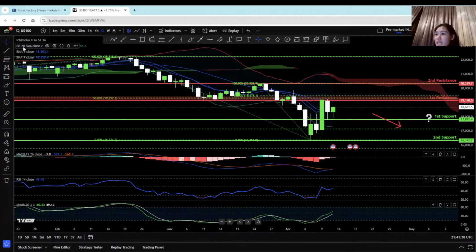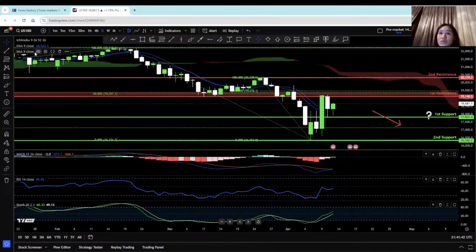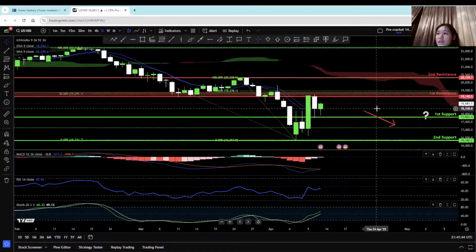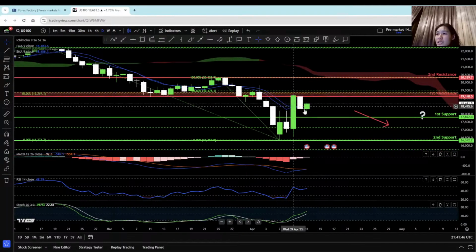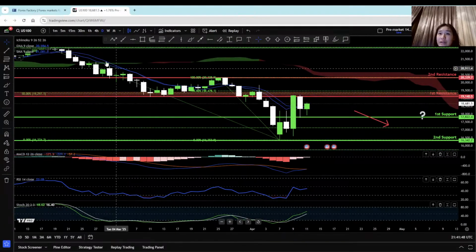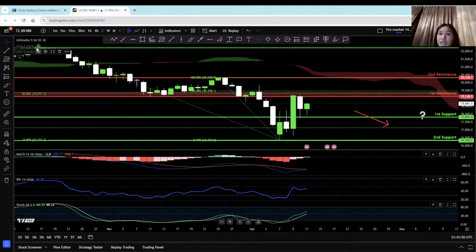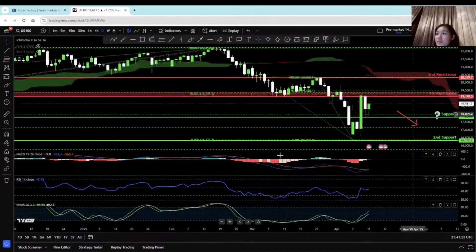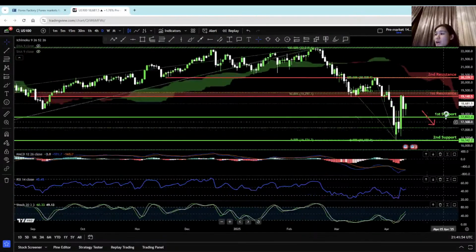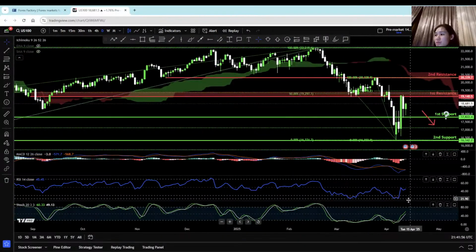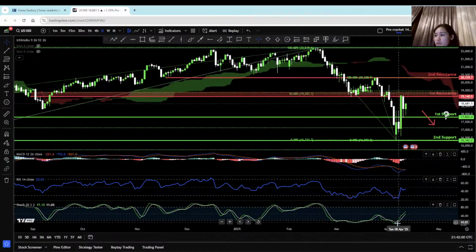Bollinger Bands aren't really telling us right now. They're kind of floating in the middle, so I'm not going to use that. EMA and SMA, you can see they're not really giving us a very clear signal right now as well, so I'm going to hide that as well. Now with RSI and stochastic, they aren't quite telling us much right now.